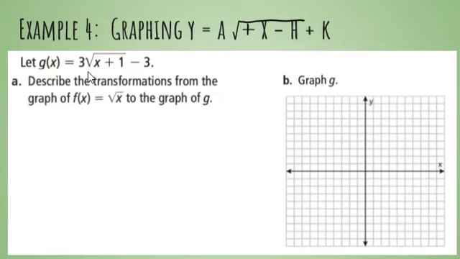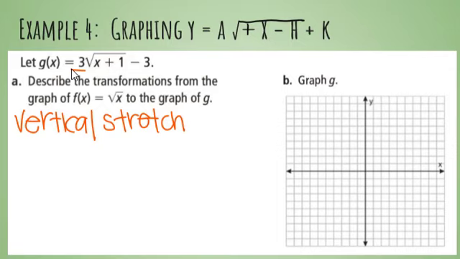Example 4 is looking at multiple transformations. It says describe the transformations from the parent function, and then we're going to graph this. First we're looking at this 3 in front, and this is going to give us a vertical stretch by a factor of 3.